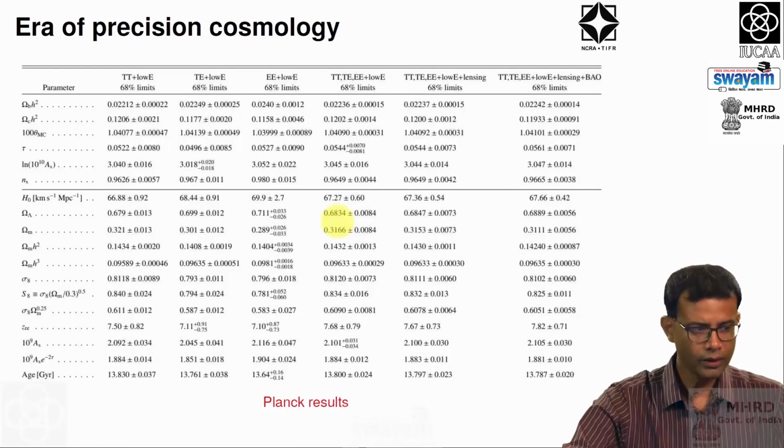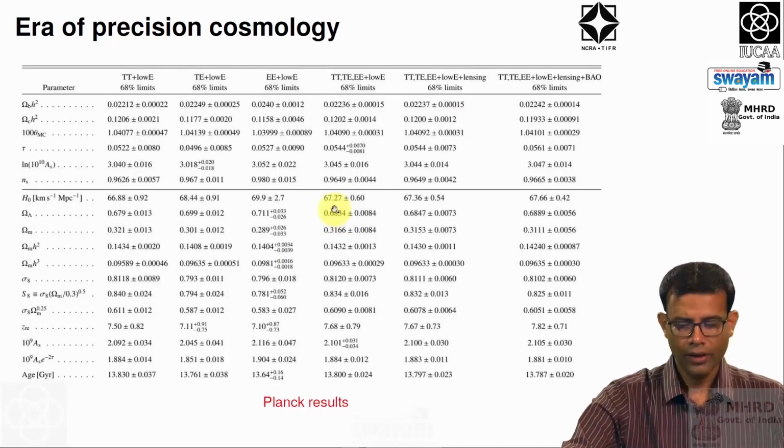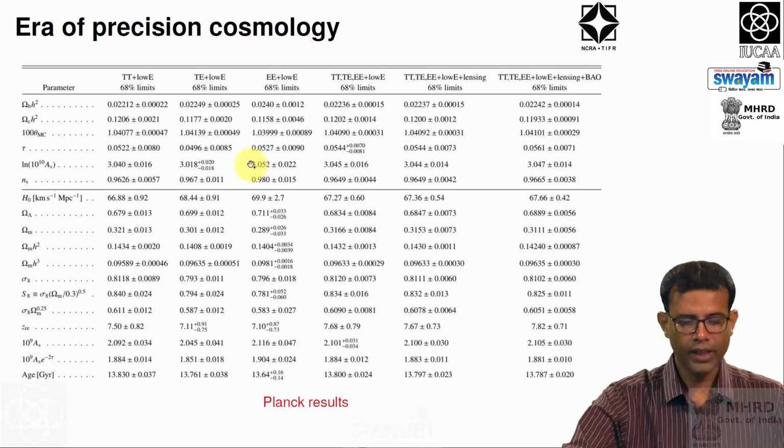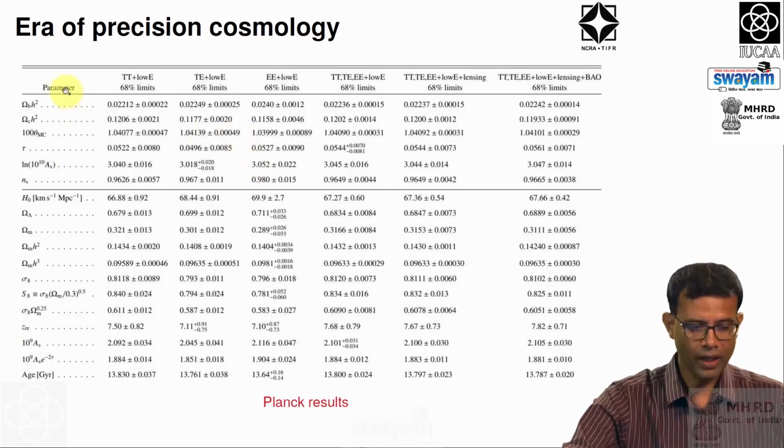Okay. Now, we are at a point where we can talk about precision cosmology using CMBR. So, what happens is that you take these CLs not only for the temperature, but also polarization, and then you try to fit a model of cosmology with various free parameters.